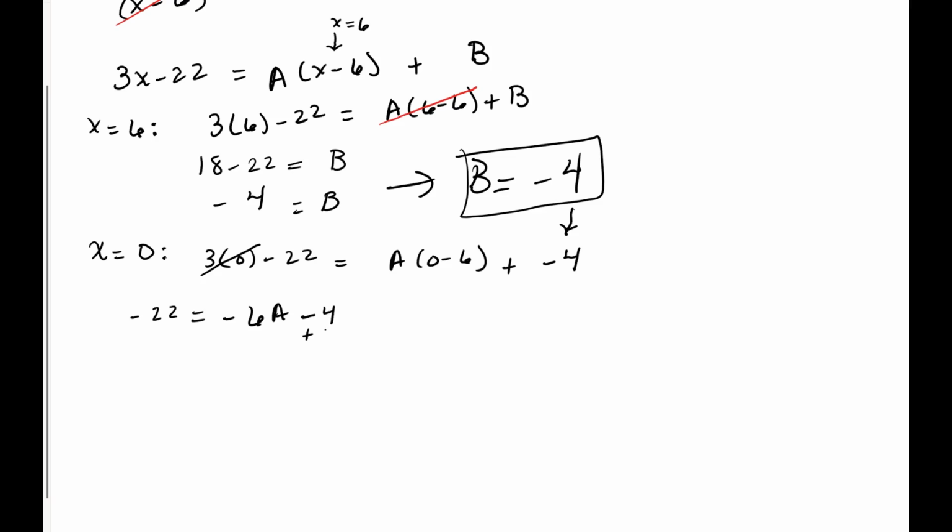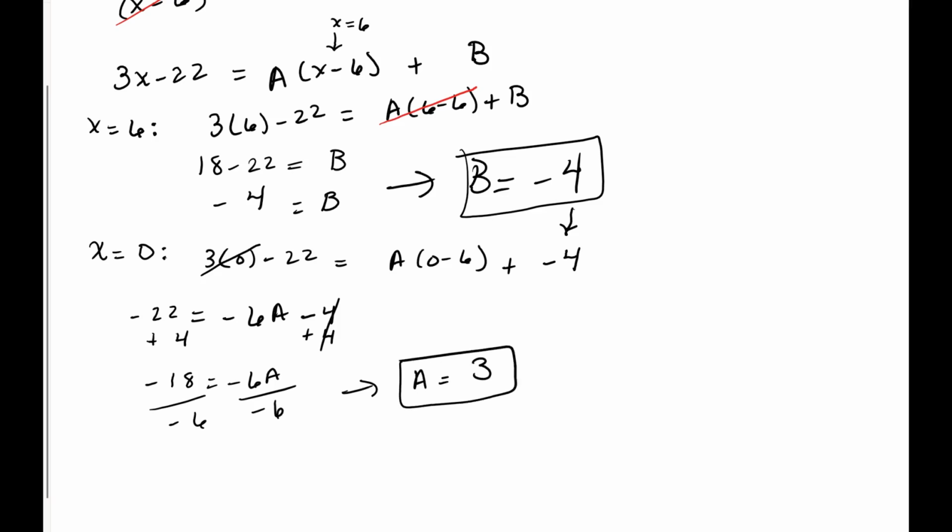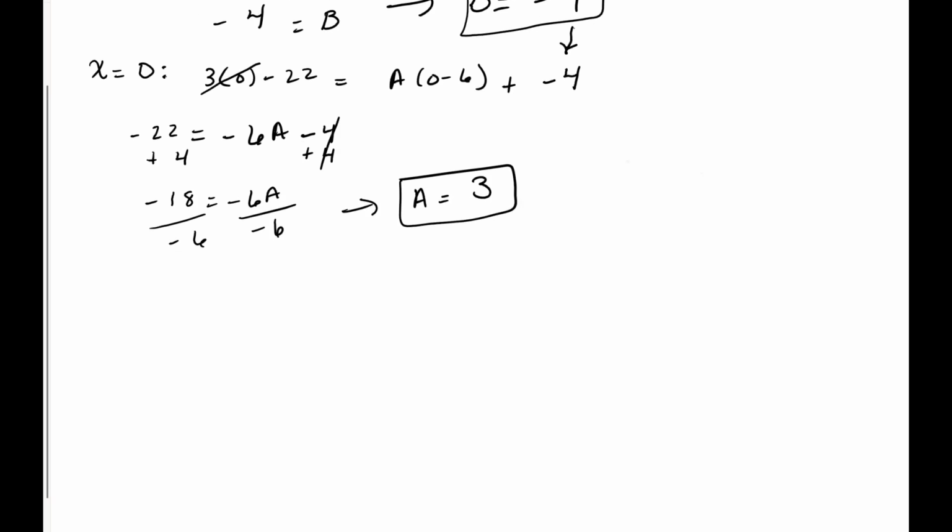So now we have a very elementary equation that we solve. We add 4 to both sides. We get negative 18 equals negative 6A. And if you know some very simple arithmetic, you should know already what this answer is: A equals 3. So A equals 3, B equals negative 4.